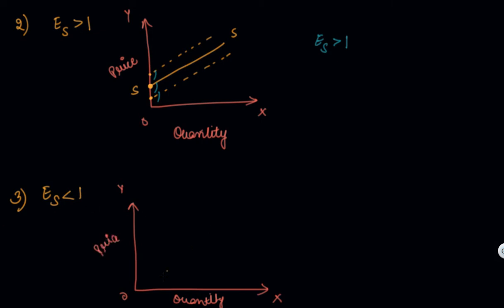When your supply curve shoots from your x-axis, any supply curve from the x-axis, all these supply curves have elasticity of supply less than 1, meaning your quantity supplied changes less in comparison with your price change, right?